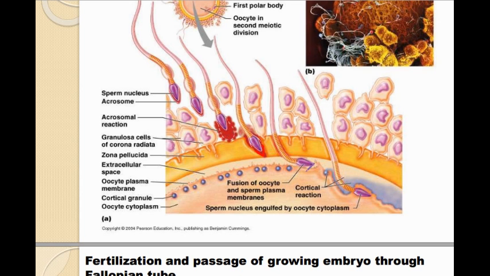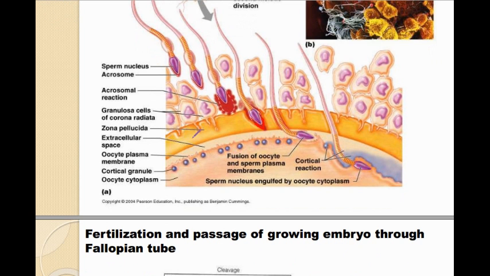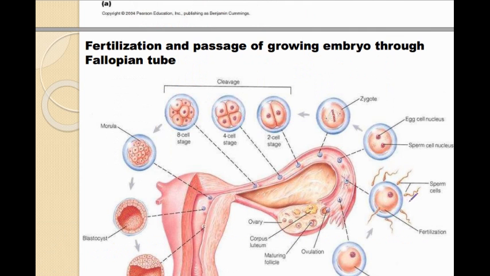Now the secretion of this acrosome helps the sperm enter into the cytoplasm of the ovum through the zona pellucida, and now it induces the completion of the meiotic division of the secondary oocyte.